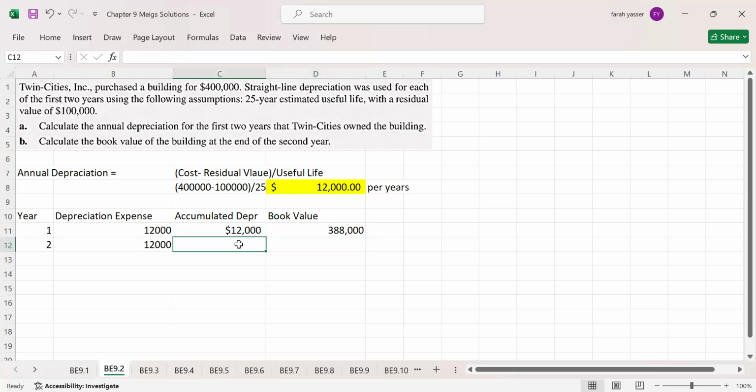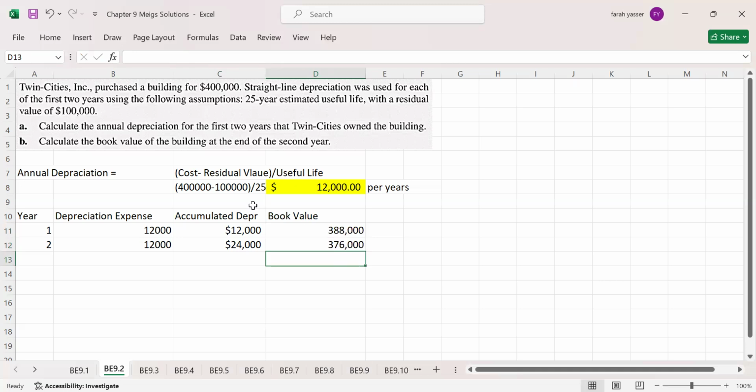Whereas accumulated depreciation for year two is the current year depreciation and the previous year's depreciation, so 12,000 plus 12,000. So accumulated depreciation is 24,000, and the book value is, as we have just discussed, cost minus accumulated depreciation, which is 24,000. So this is the book value of the asset.